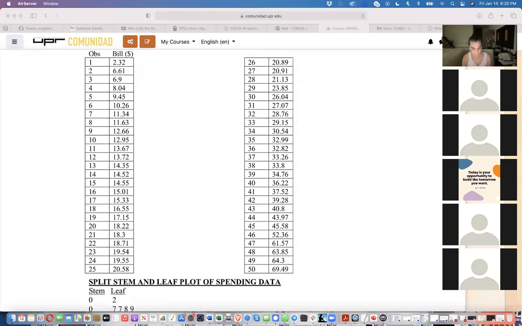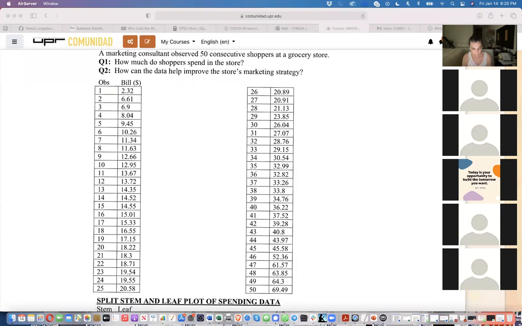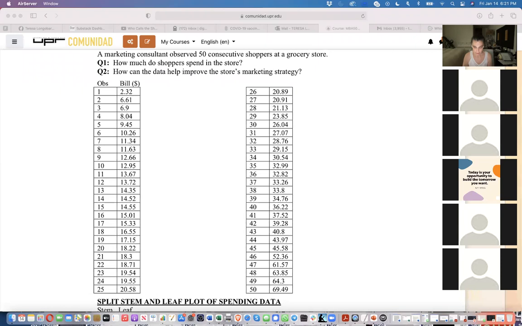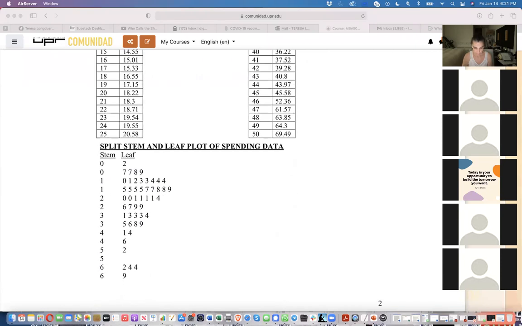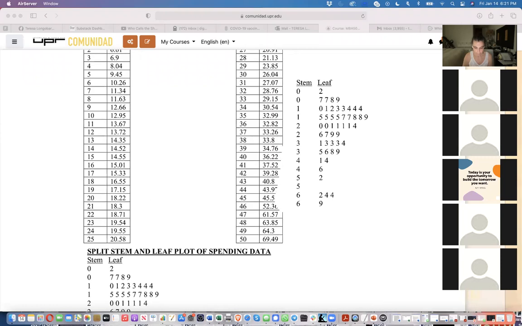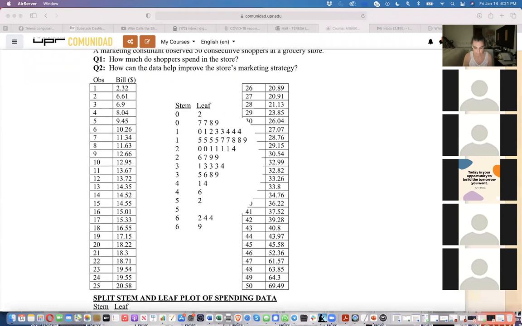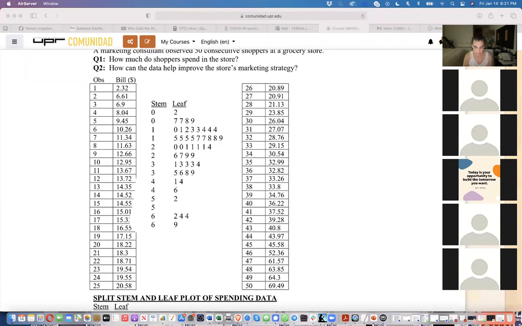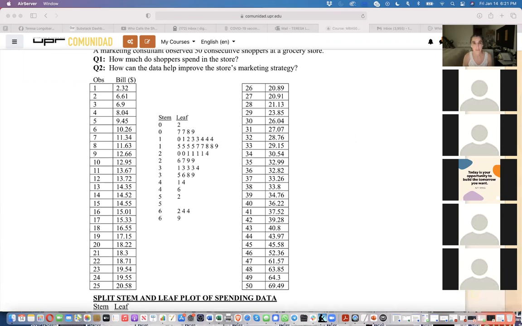I'm going to try and display this at the same time. I'm going to take this picture up here. So this is called a stem and leaf plot. So tell me, how did I make this graphic?